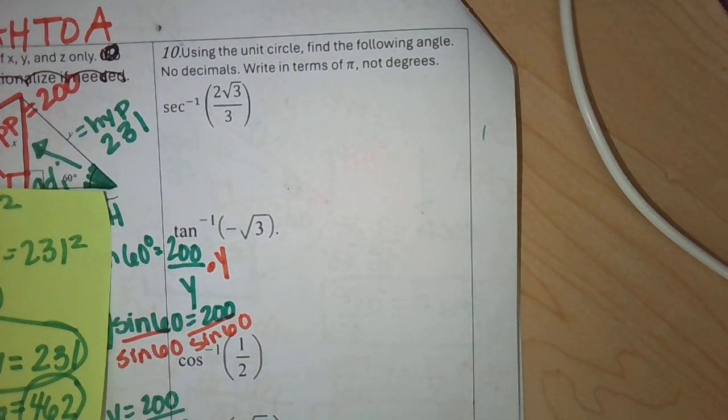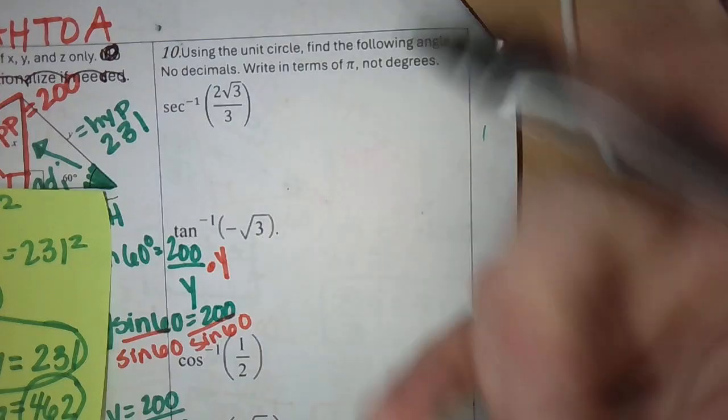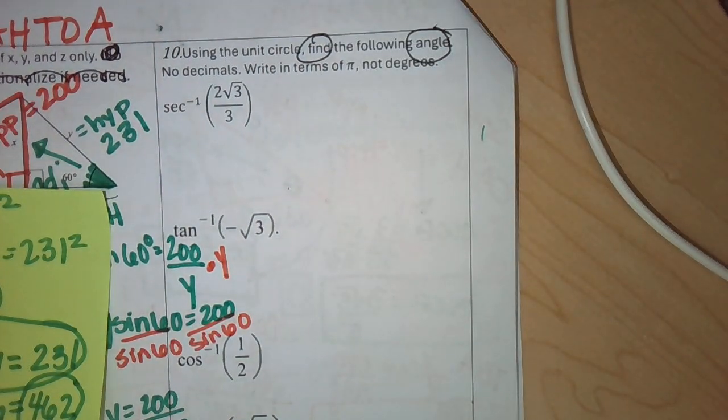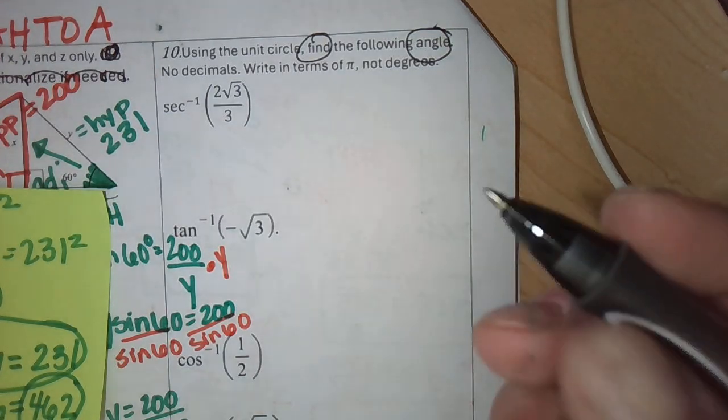Number 10 says using the unit circle, find the following angle. So secant inverse means we're supposed to find the angle, and I know that because it says it in the directions. First let's figure out what secant is.